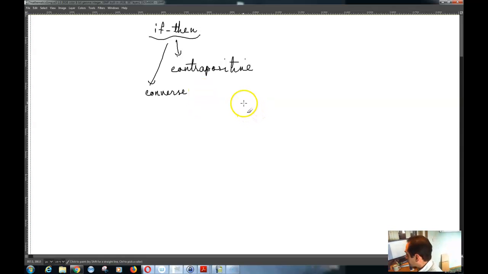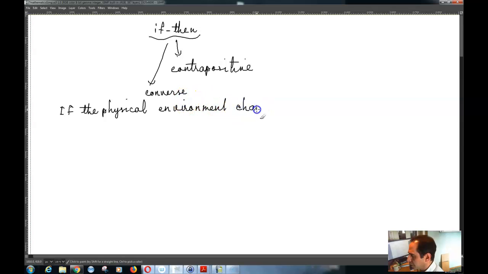So as an example, you can say that, for example, if the physical environment changes, then the biological environment changes.